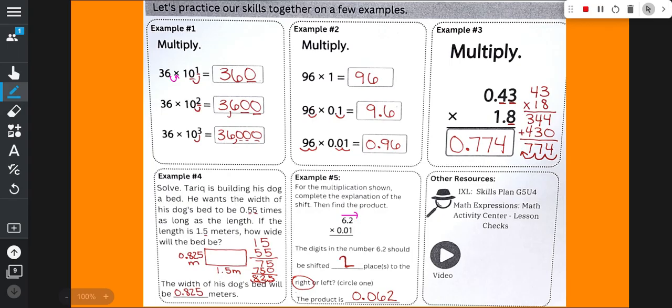So our answer is going to get smaller, not bigger when we multiply. So we move the digits 2 places to the right because we moved the decimal 2 places to the left. Remember, decimals and digits are opposite of each other. So the product is 0.062.